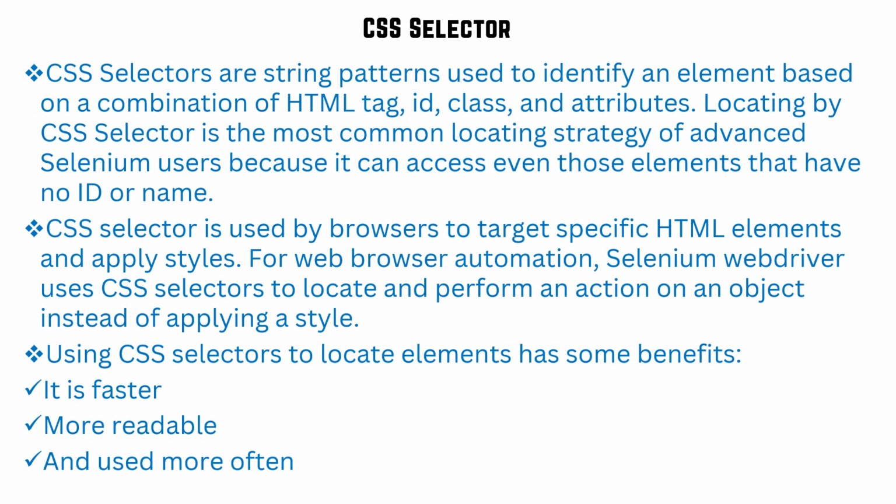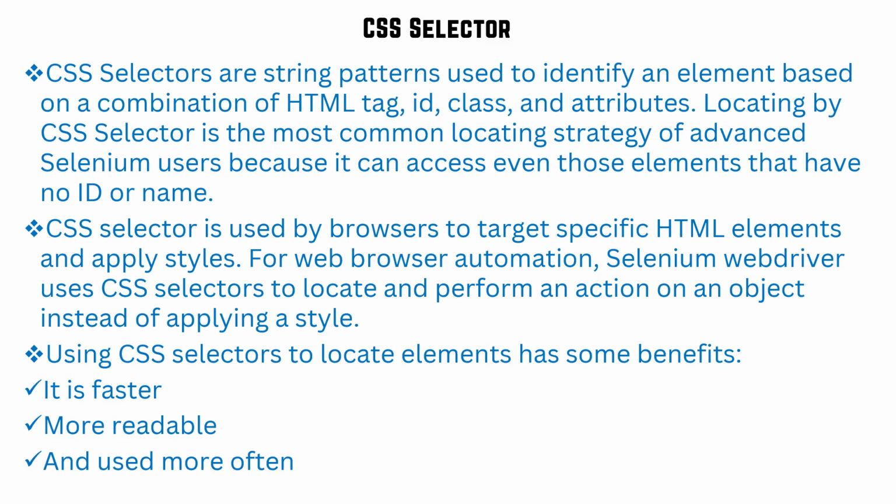CSS selectors are string patterns used to identify an element based on a combination of HTML tag, ID, class, and attribute. Locating by CSS selector is the most common locating strategy of advanced Selenium users because it can access even those elements that have no ID or name, or those that are present but have some dynamic components and every time it gets changed.